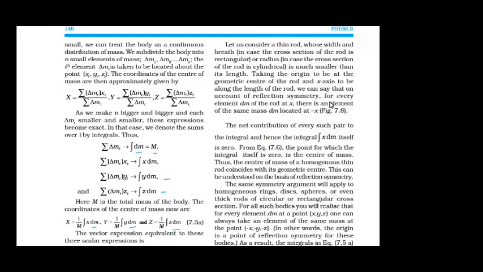for an element dm of the rod at x, there is an element of the same mass dm located at minus x. The net contribution of every such pair to the integral, and hence the integral of x dm itself, is 0.